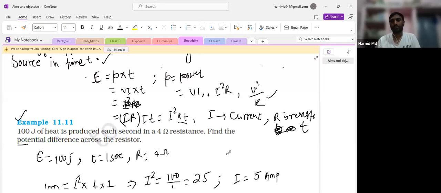We started this electricity chapter. Okay. So what topic have you studied in electricity till now? Series and parallel combination. Okay. So what is series and parallel combination? Series combination is when the resistors are kept in series, and parallel combination is when the resistors are kept in parallel with each other.